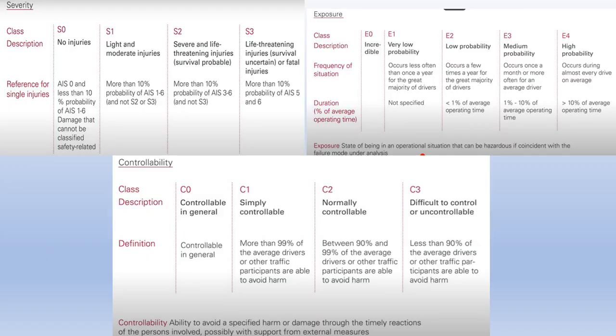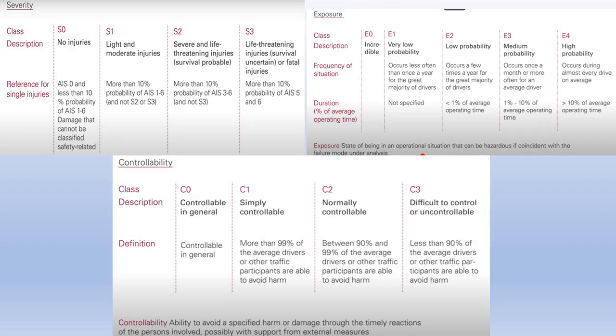Now we have to identify the ASIL based on the hazard analysis and risk assessment. ASIL identification comprises three major parameters: one is severity, another is exposure, and the third is controllability. What is severity?